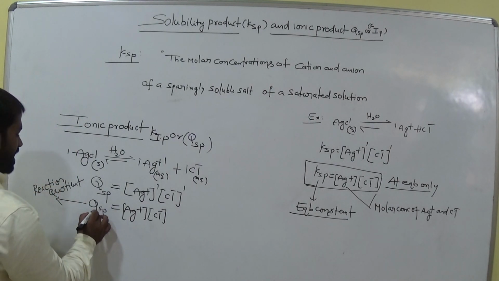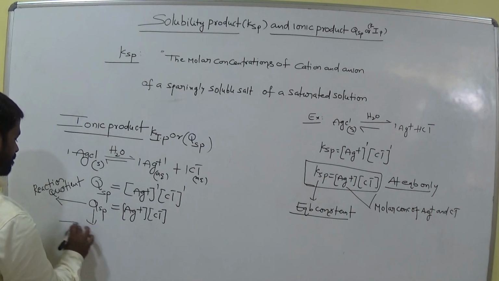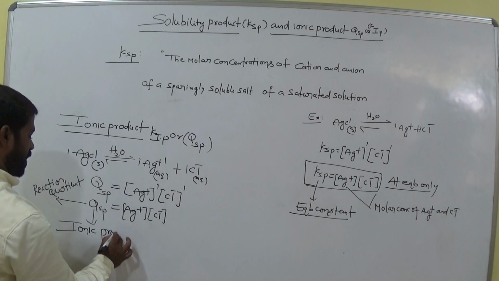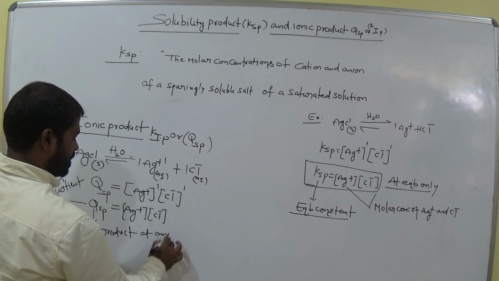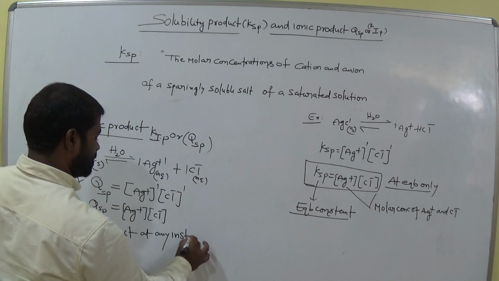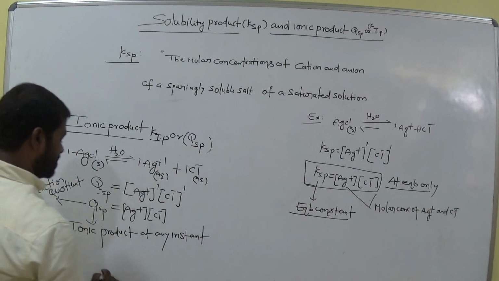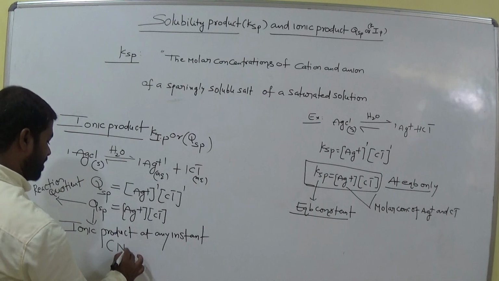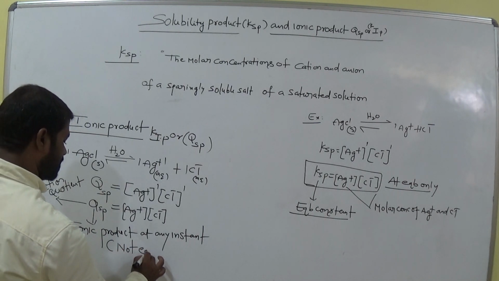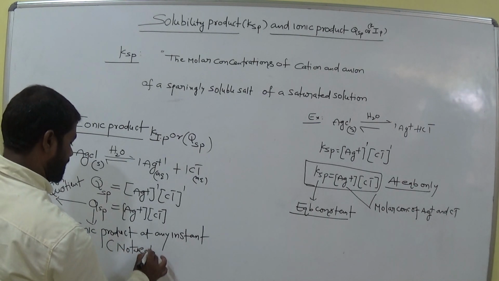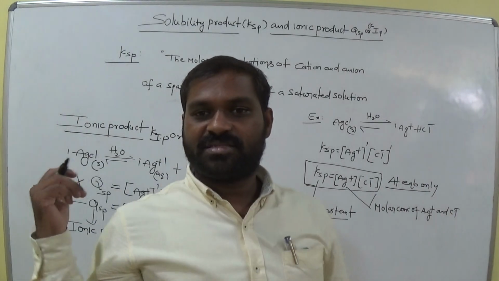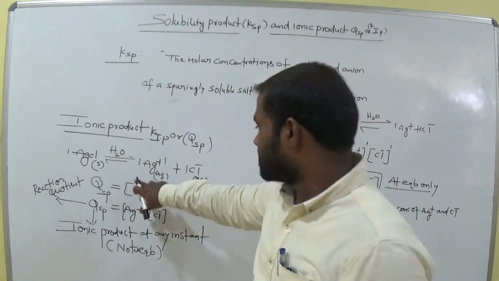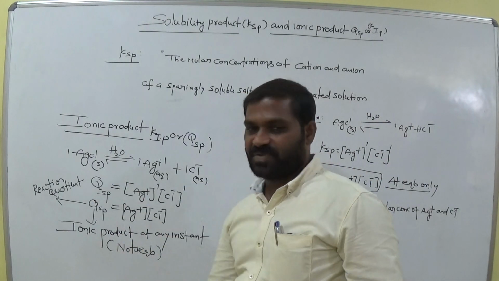This is called the ionic product at any instant, at any stage, not at equilibrium. Remember this, not at equilibrium. Except at equilibrium, you can write the equilibrium expression, then we represent it as QSP.